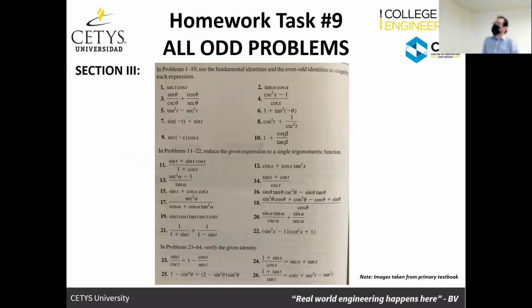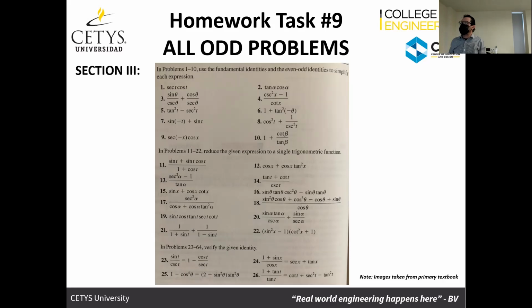So the next set of problems says to reduce the expression to one single trigonometric function. So we've got an expression and we want to reduce it so that we only have one trigonometric function.